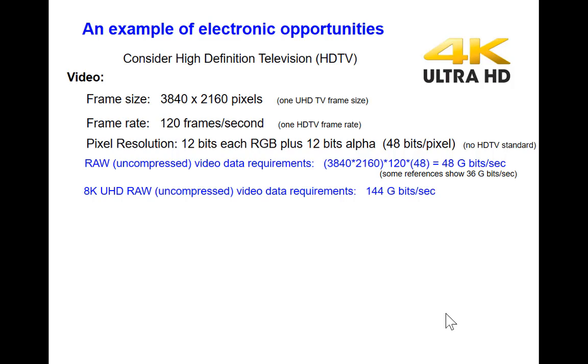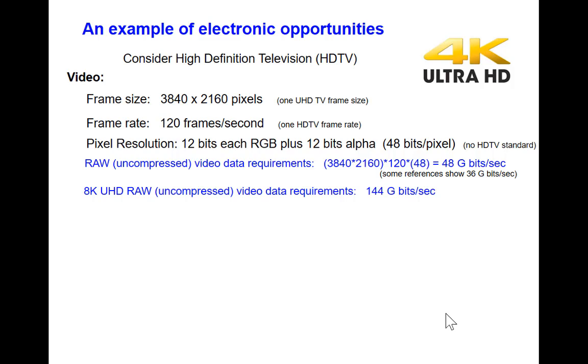There's 36 for RGB, and I didn't see what the specification was for alpha. The raw, uncompressed video data requirements are 3840 times 2160 pixels times 120 frames per second times 48 bits per pixel, which is 48 gigabits per second that we need for this 4K TV signal.